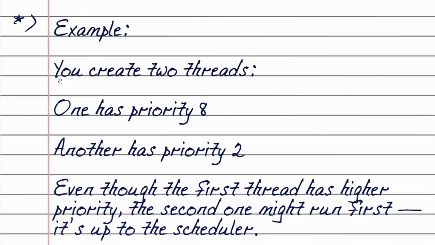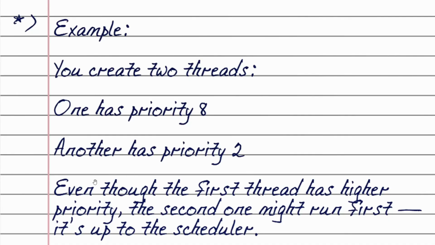Now let's see some examples. Suppose we have two threads. One thread's priority is 8 and another thread's priority is 2. So according to the logic, the thread which has the highest priority should execute first. The thread with priority 8 will execute first, and then the thread with priority 2 will run after it.